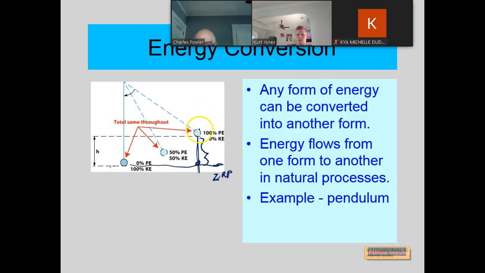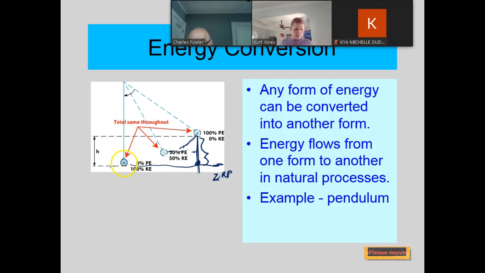You release it, and now it starts losing potential energy because its height is going down, but it starts gaining kinetic energy because it starts speeding up. So at some point down there, in fact about midway between maximum height and minimum height, it will have about 50% potential, 50% kinetic. It continues going down until it gets to the lowest point it can go, because the string is only so long, or the rod is only so long.